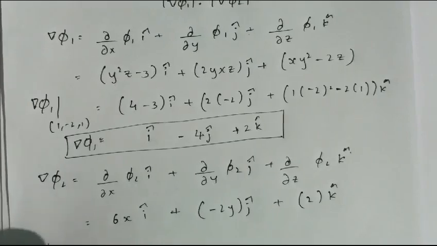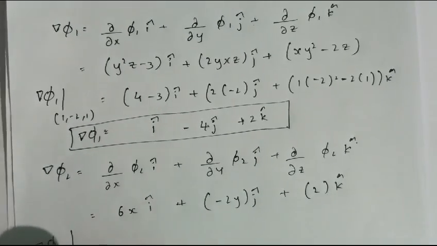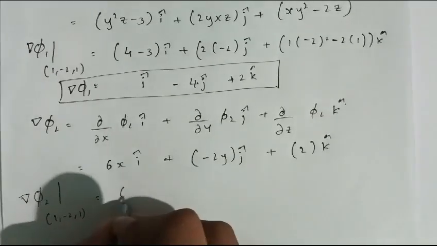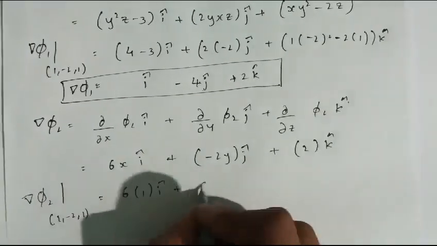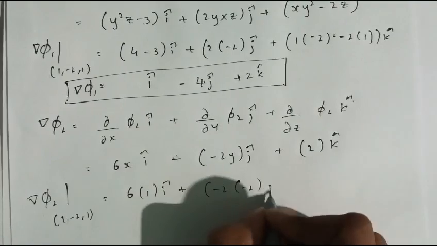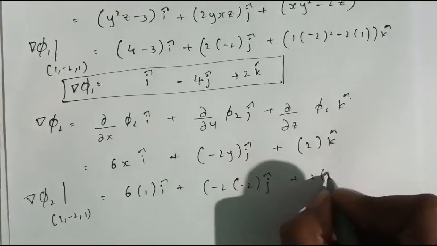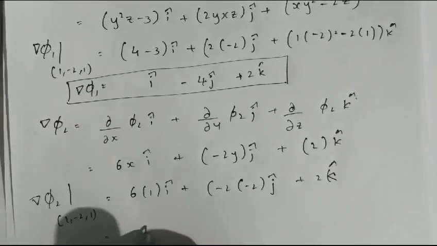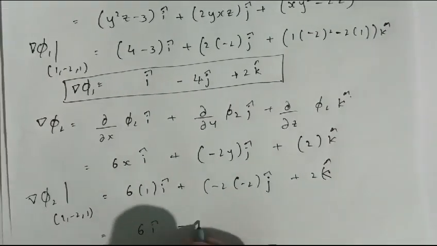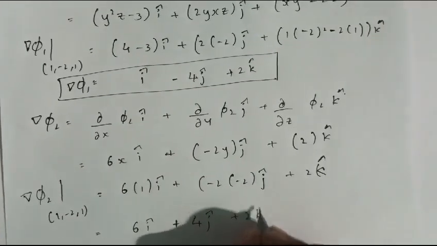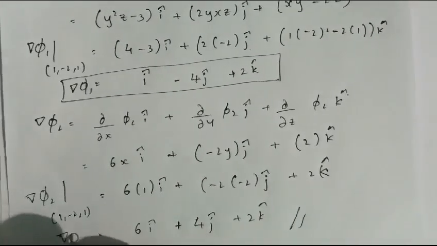They have given the point x, y, z as (1, -2, 1). Substitute those values: 6 into 1 i cap plus minus 2 into minus 2 j cap plus 2 k cap, which implies 6 i cap plus 4 j cap plus 2 k cap is del phi 2.